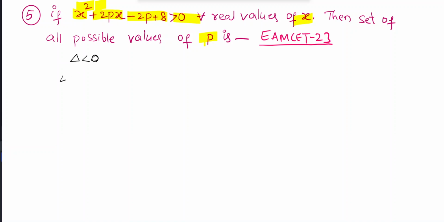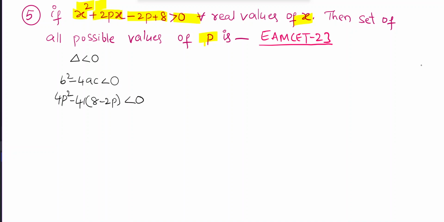Delta means b square minus 4ac less than 0. Here b value is 2p, that is (2p) whole square, which is 4p square, minus 4 into a value 1 and c value is 8 minus 2p, less than 0.